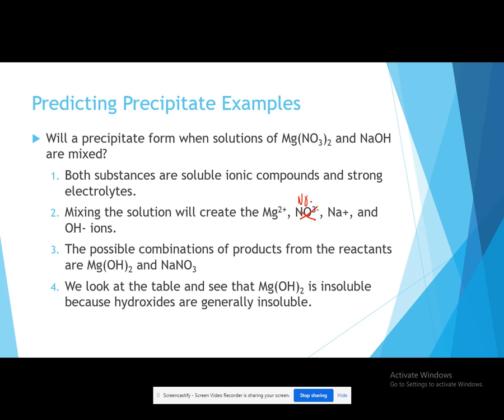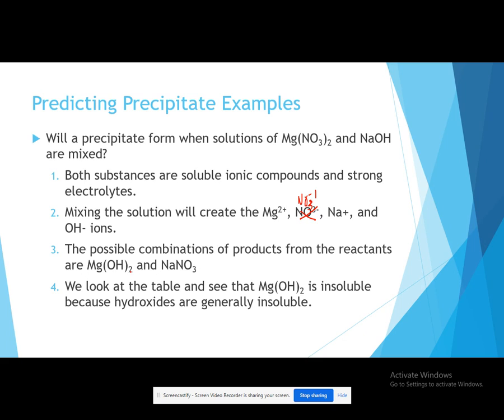This is NO3 1-. You have an Na+, and you have an OH- ion, because I've separated all four. Next, what you do is, if Mg is in NO3, you have to take that Mg, which is a positive, and combine it with the OH by crossing those charges.